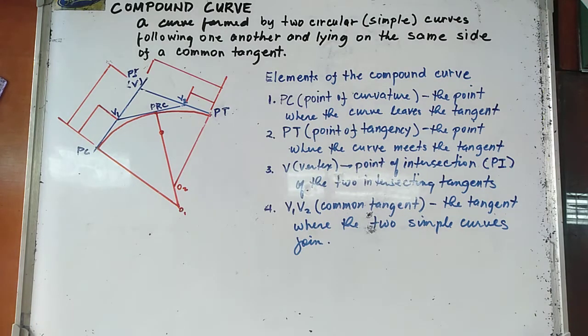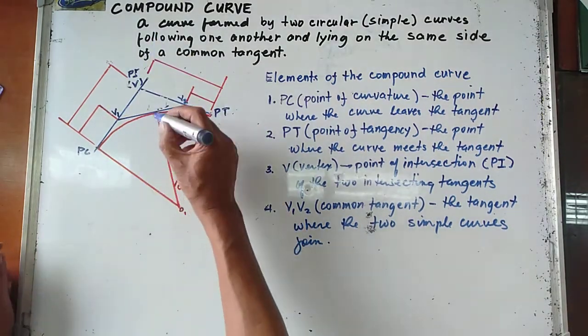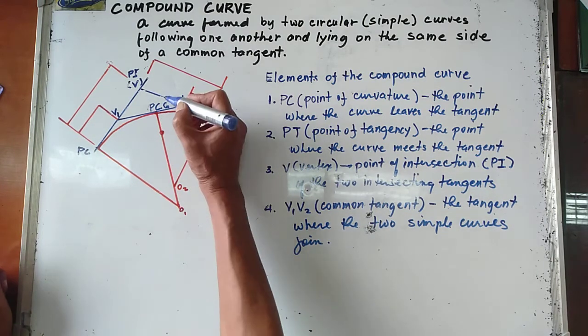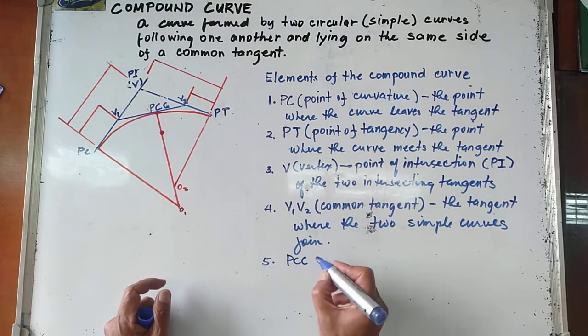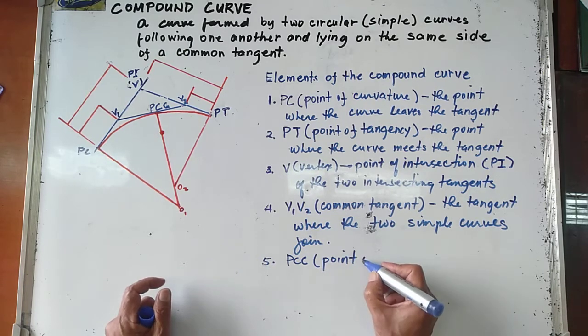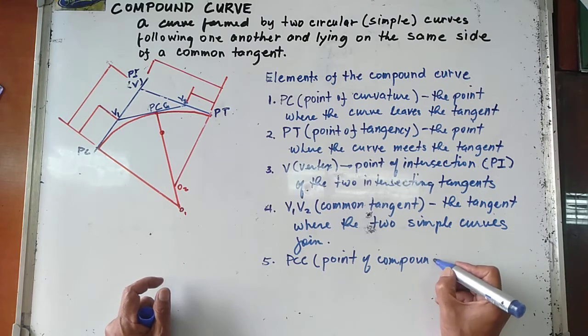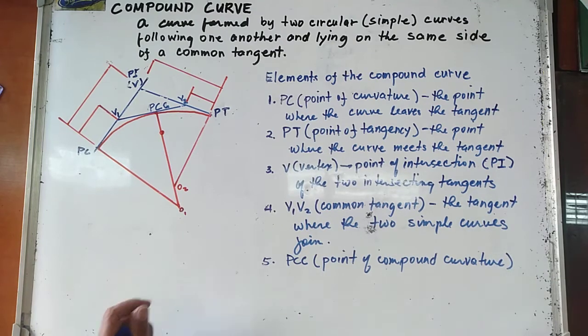Another element is your PCC, which we call the point of compound curvature. What is this point of compound curvature?